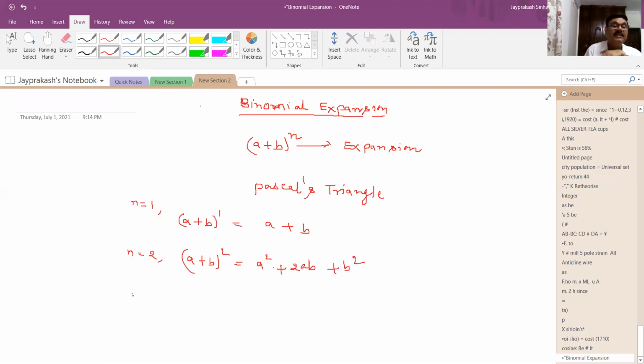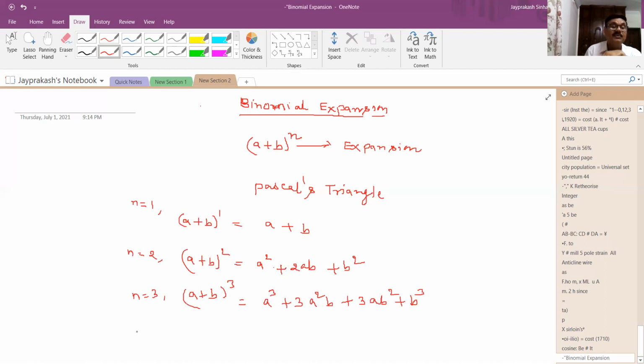Similarly, if n is equal to 3, then the expression will become (a + b) to the power 3. And the expansion of this also we know. What is that? a³ + 3a²b + 3ab² + b³.